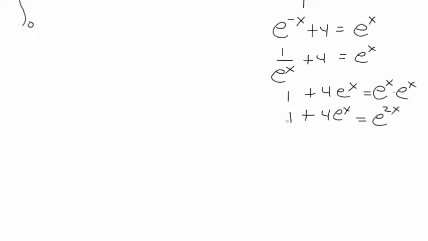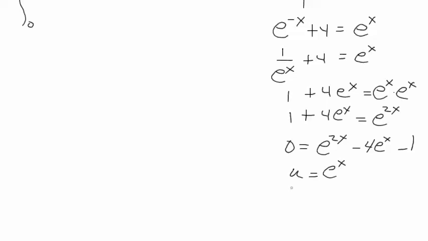Alright, let's take everything over to the right. So we have 0 is equal to e to the 2x minus 4e to the x minus 1. Now we're going to do some substitution here. We're going to let u equal e to the x.